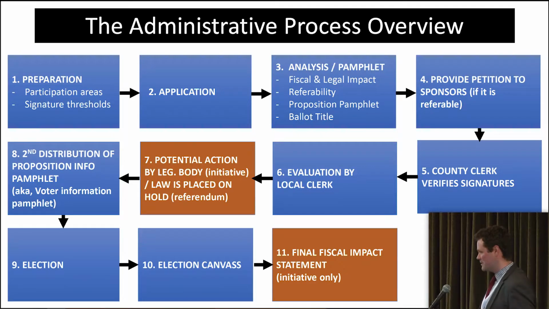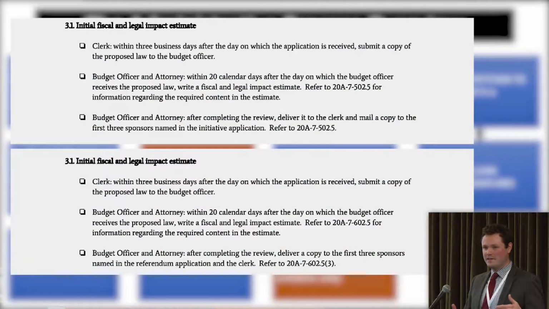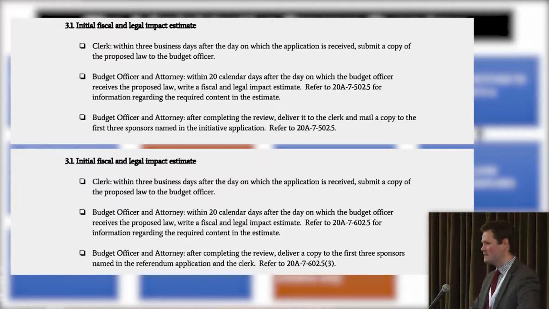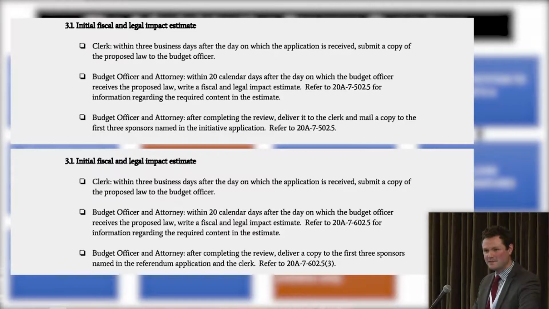So you get the application, and what starts is a 20-day period that's been alluded to. This is a busy time for municipalities because there are 4 things that you, the sponsors, and your local legislative body need to be doing. The first is the drafting of a fiscal and legal impact statement.